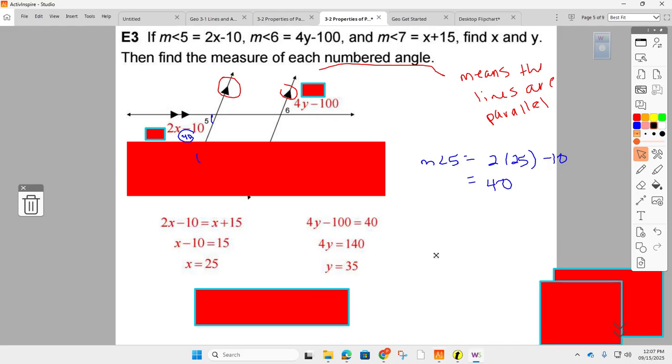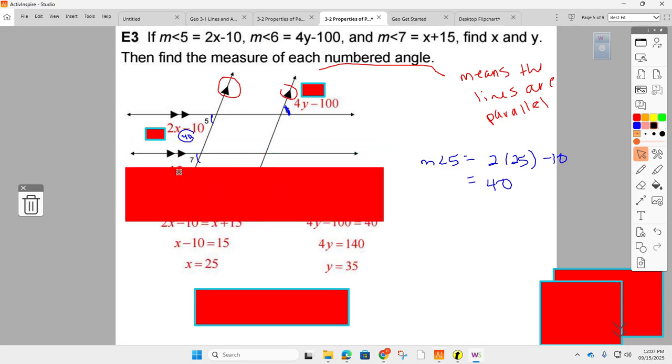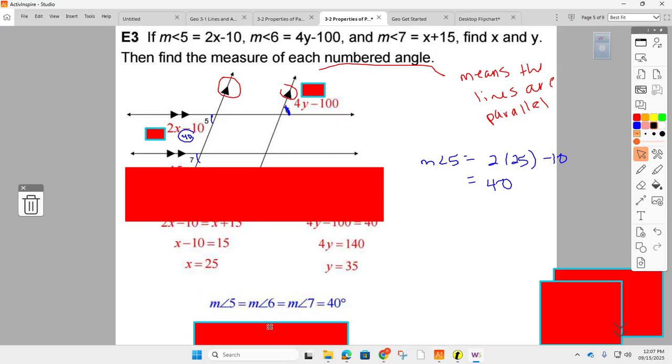And we also know they're all congruent, right? If angle 7 is congruent to angle 5, angle 5 is congruent to angle 6. Now we know angle 6 is congruent to angle 7. That's transitive property. So we know they're all 40 degrees.